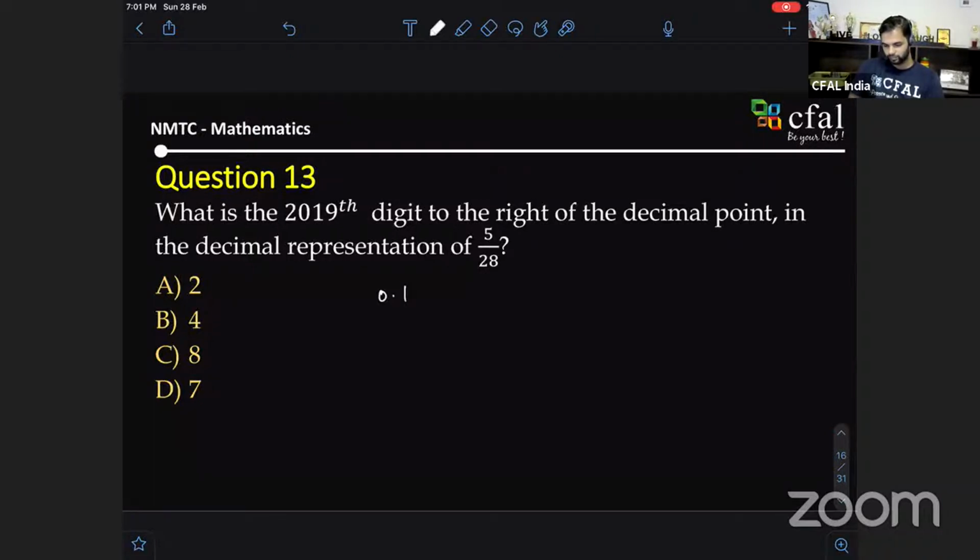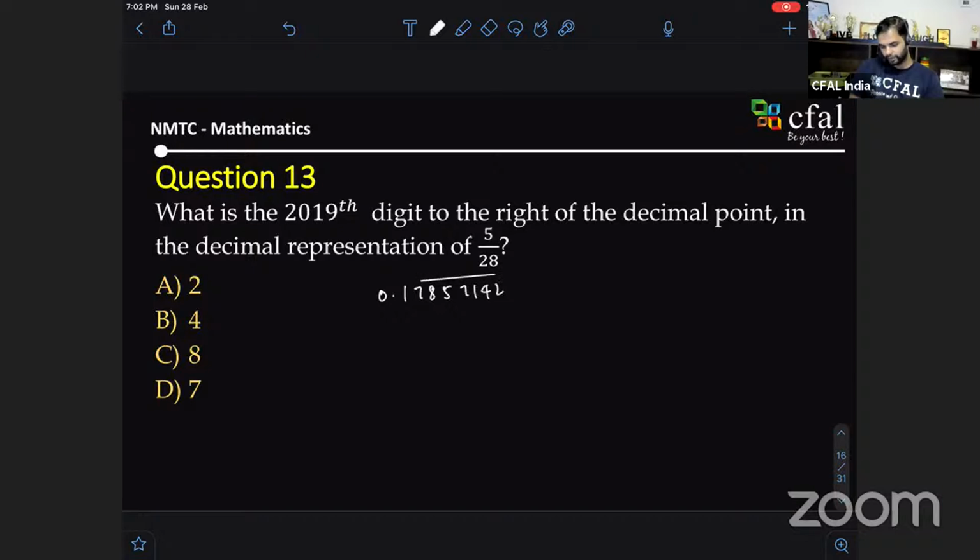So we can use that times method. Just tell me what are the numbers so we can figure out. Sir, 0.178571428 7, 8, 5, 7, 1, 4, 2. After that it recurs, right? Yes.